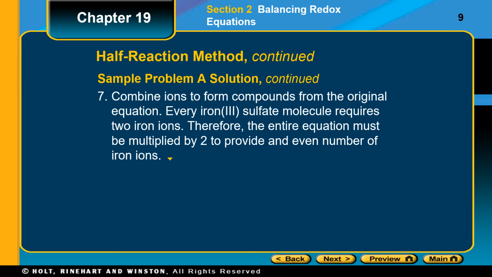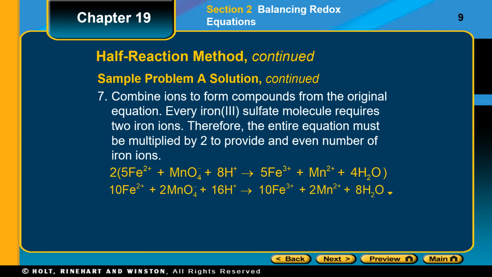So that's one of the things that as we look at the equation, there is a problem. We need to get the irons to be an even number, because every iron 3 sulfate requires 2 irons, and it's an odd number, so we have to make it an even number of irons.